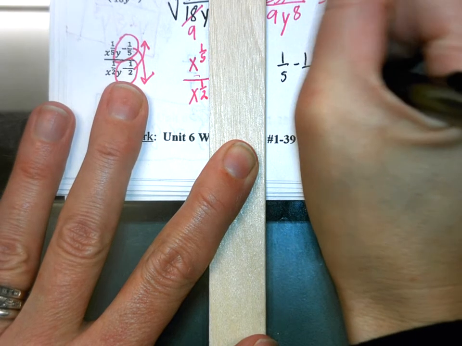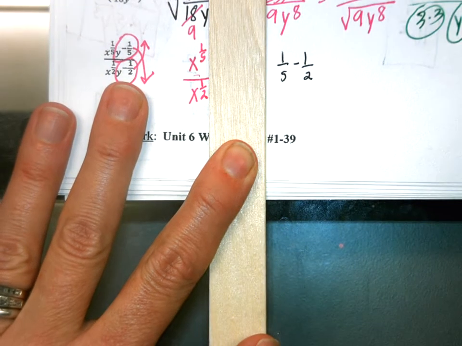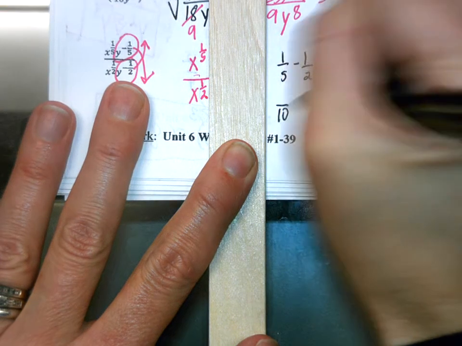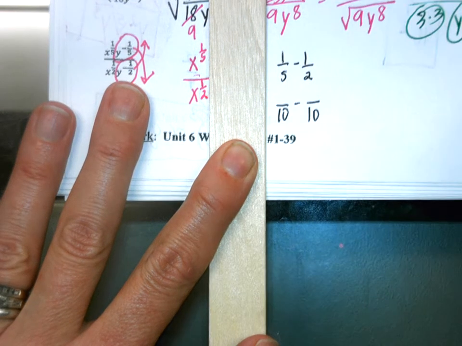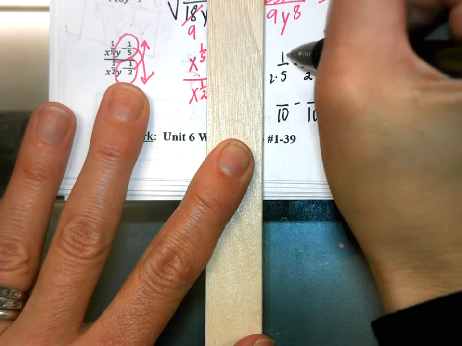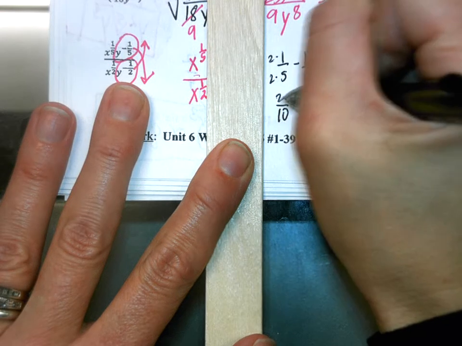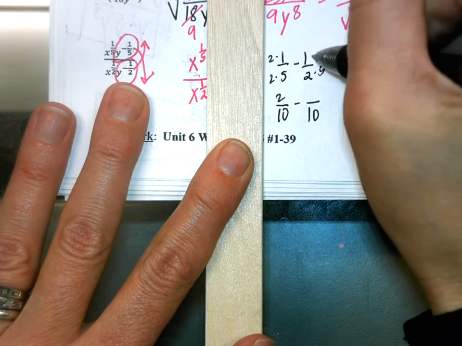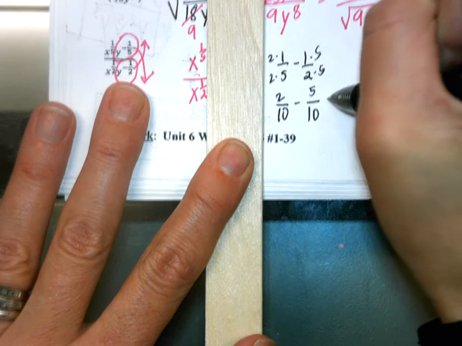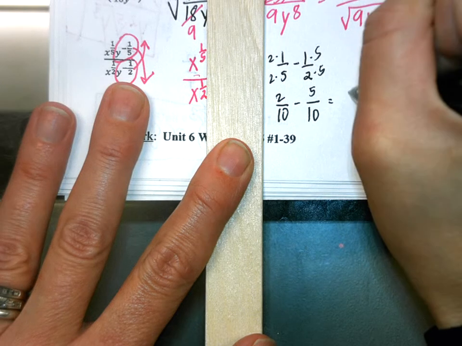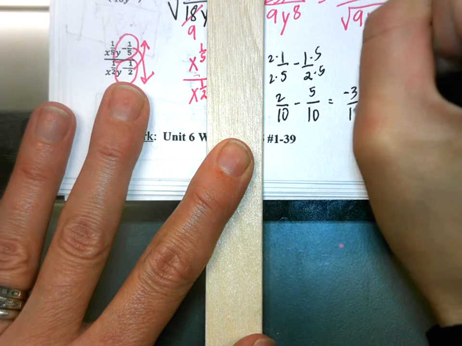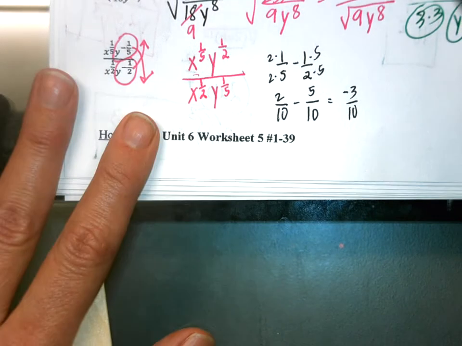What would be my common denominator? 10. And so 2 times 5 is 10, so 2 times 1 is 2. 2 times 5 is 10, so 1 times 5 is 5. And you get a -3/10.